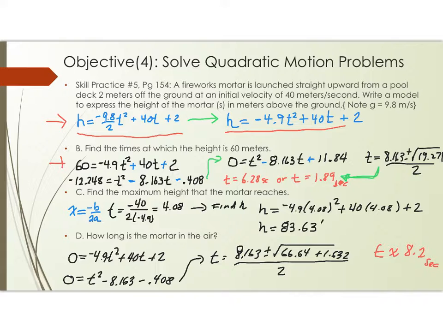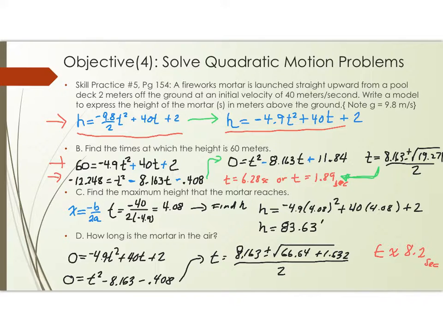So I like to get this to the 0 to see if I can factor it, or I can use the quadratic equation. So to do that, I'm going to divide both sides of the equation by a negative 4.9, and when I do that, I get the following equation: a negative 12.248 is equal to t squared minus 8.163t minus 0.408. So now we're going to set up the zero principle.